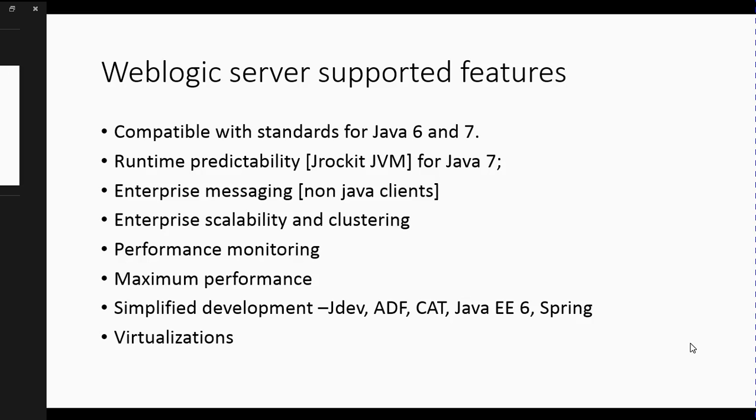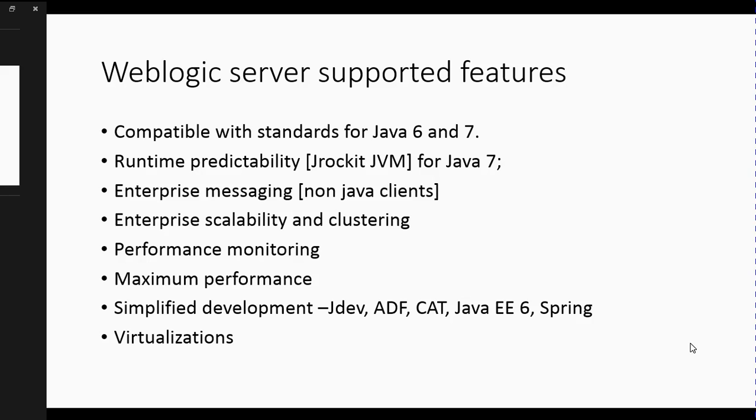You have JDEV, you have ADF, you have CAT, you have Java EE 6, and you have Spring. Also, a really important point is virtualization. Now you're able to virtualize your WebLogic server environment, so you're able to spawn different applications.